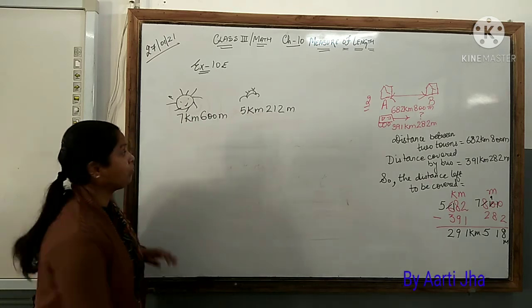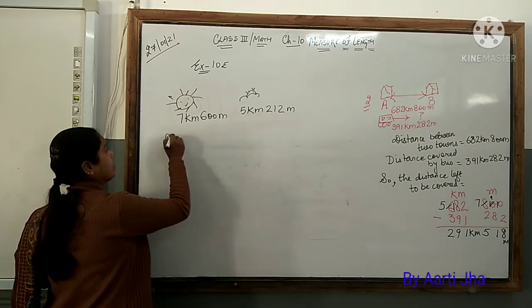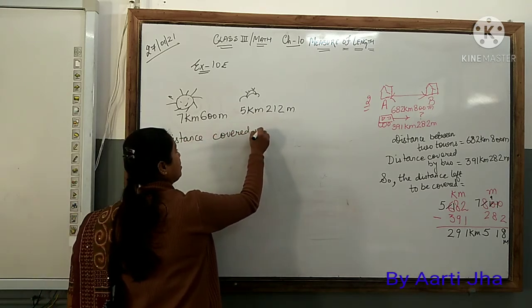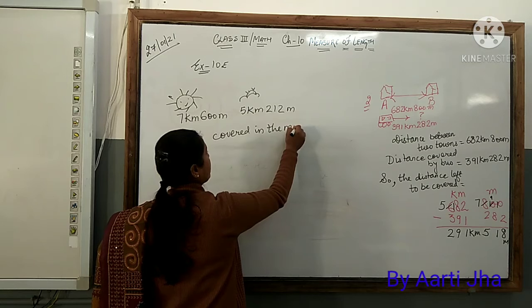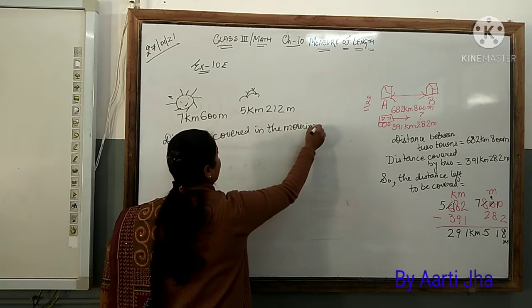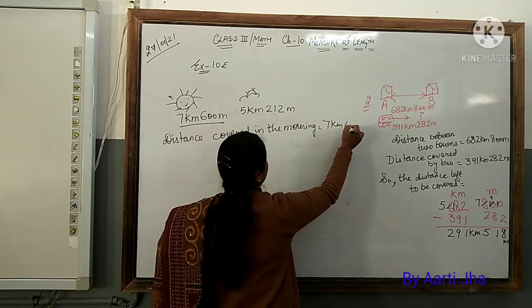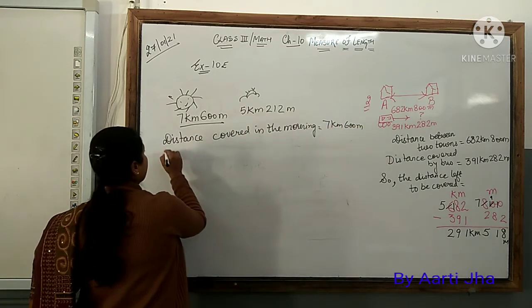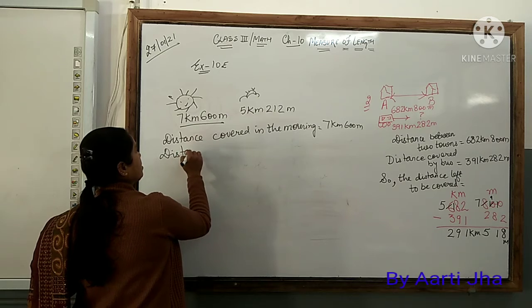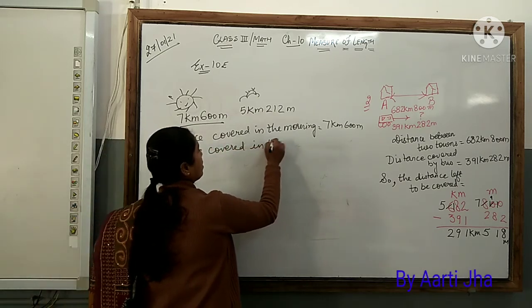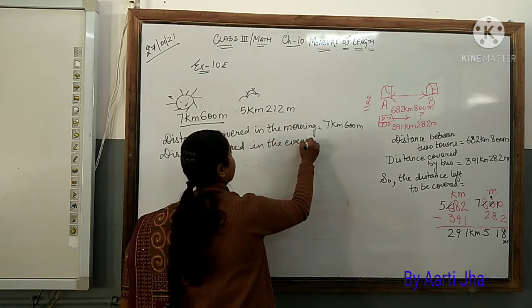Okay. So you will be writing distance covered in the morning, whatever the distance, so right here 7 kilometer 600 meter. Then we have distance covered in the evening.